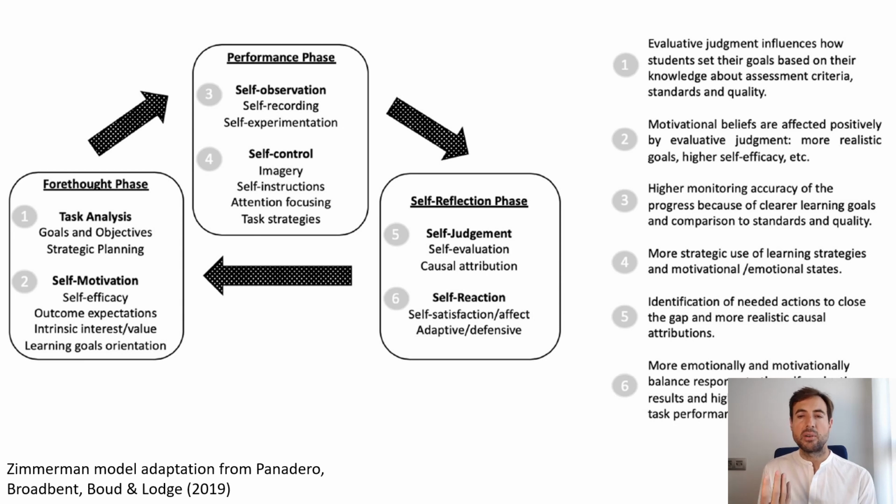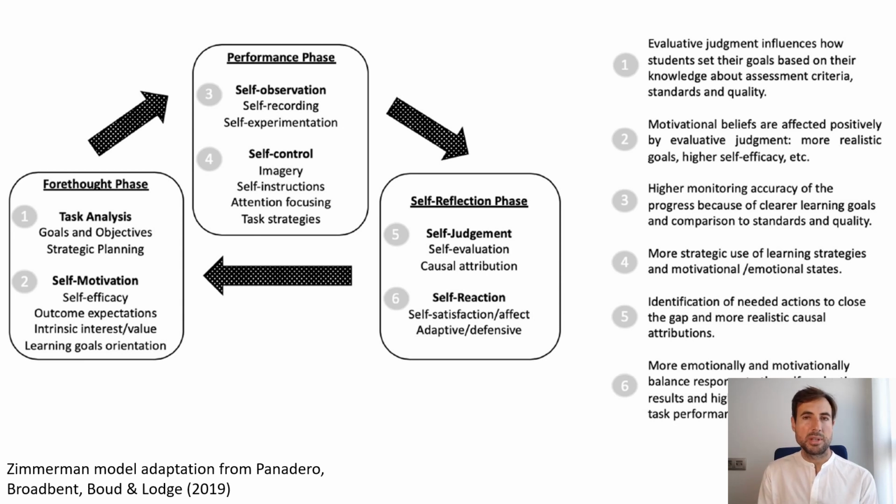Lastly, when they reach the self-reflection phase, by knowing how good performance looks like, what type of criteria the teacher is applying, and again asking for formative feedback, they are able to make more adaptive interpretations of their failures and identify their own strengths. And therefore, the cycle continues.